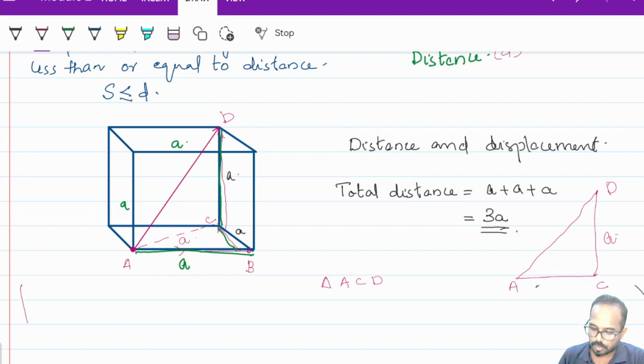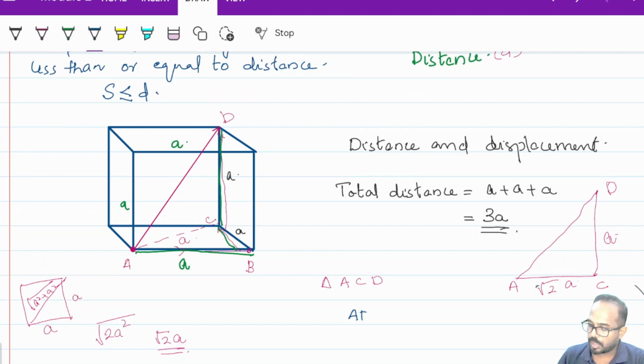So how can you find the diagonal of a square? This is A, this is A, so it is the root of A square plus A square, which is 2A square, right? Root of 2A square, which is root 2 times A. Correct? So this side is root 2 times A. Then you can use the Pythagoras theorem to find AD.